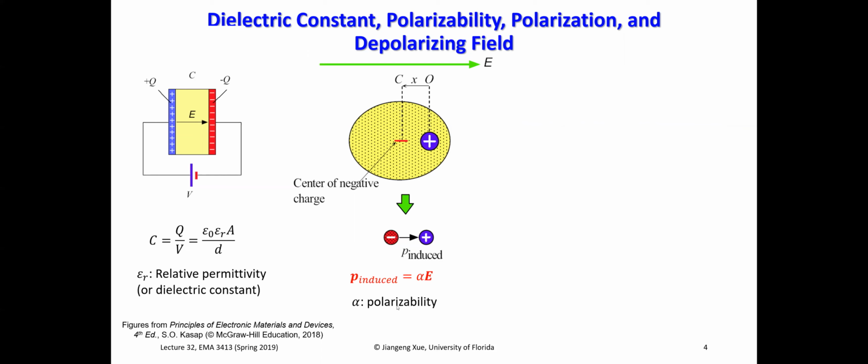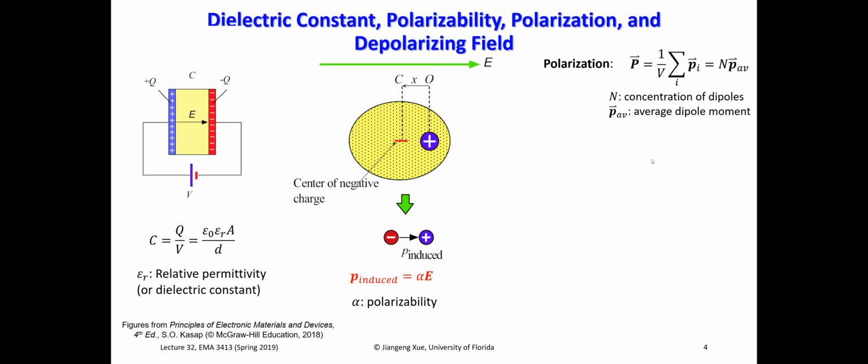If we have atoms that can be more easily polarized, that means the electrons can be more easily pushed away from the nucleus, then this atom will have a larger polarizability. We can also define the polarization vector, which is the total dipole moment per unit volume. So it's really the concentration of the dipoles multiplied by the average dipole moment per atom.